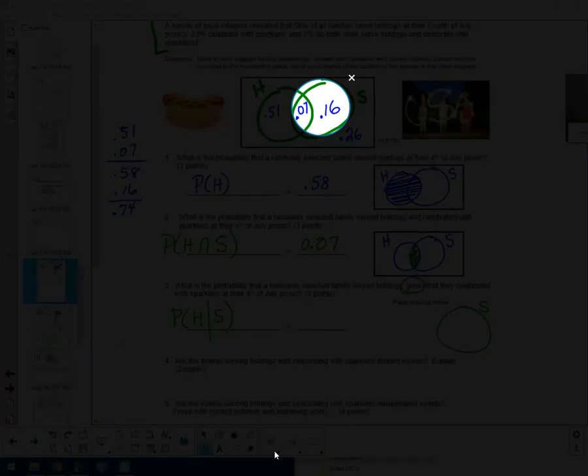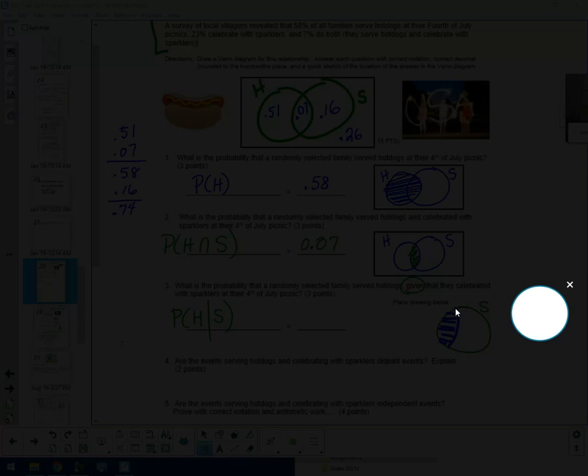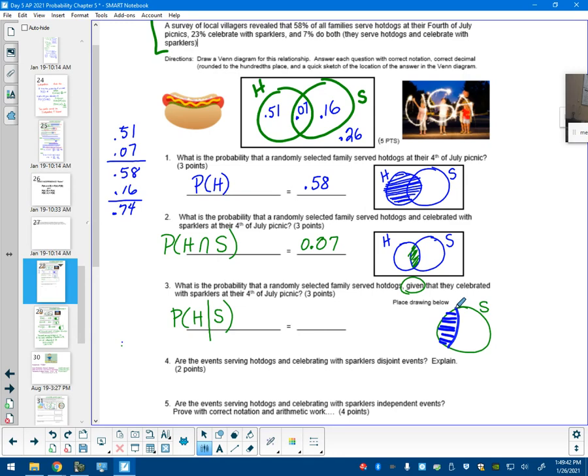The 0.07. So, if you don't put that letter S in there and you happen to draw the circle this way, oh, it's thinking that I'm doing my magic ink still. Let me get rid of that. Okay. All right.